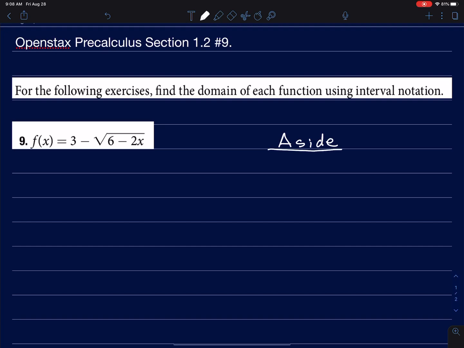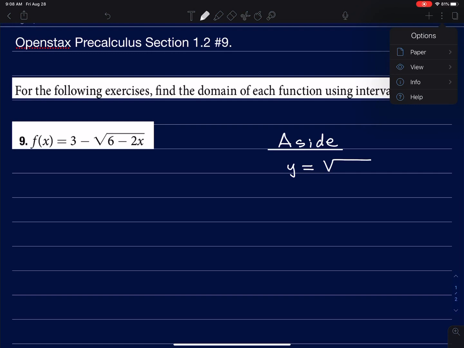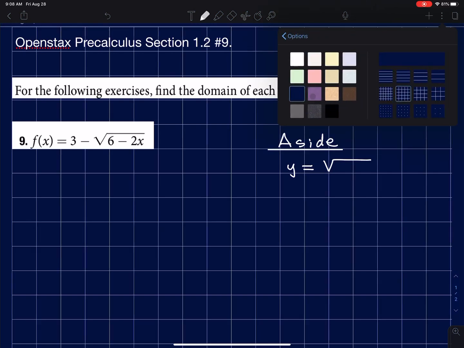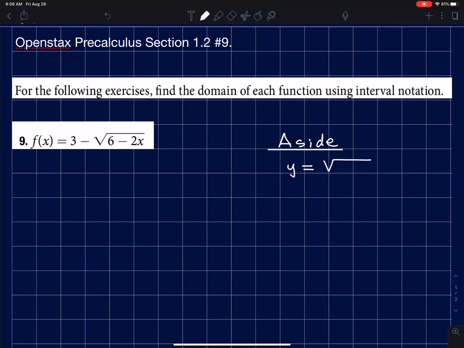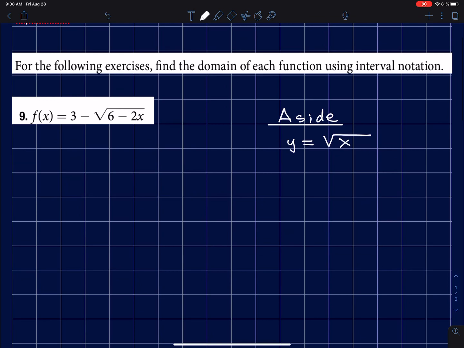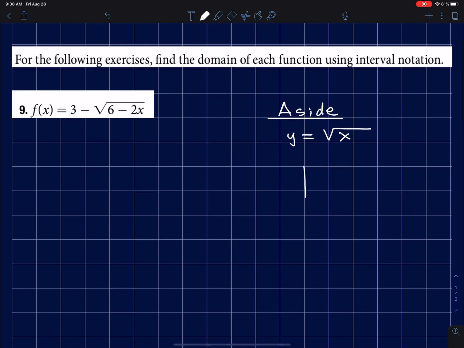I am going to look at y equals the square root of x, and for that reason, maybe I will switch over to graph paper, because I want to do a little tiny sketch.